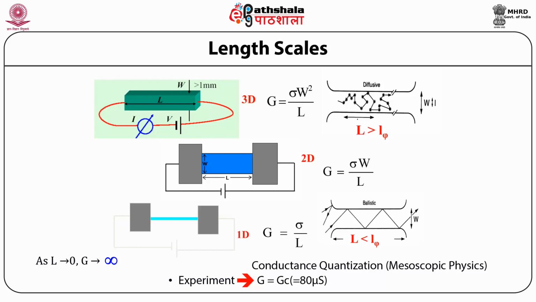That is, if we connect the voltage, we can experimentally measure the resistance, that is V by I. The Landauer formula shows that the resistance of a mesoscopic conductor is inversely related to the quantum mechanical probability that an electron can propagate through the system without scattering inelastically.